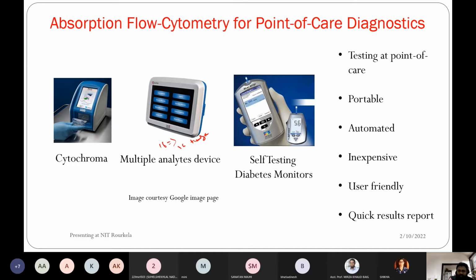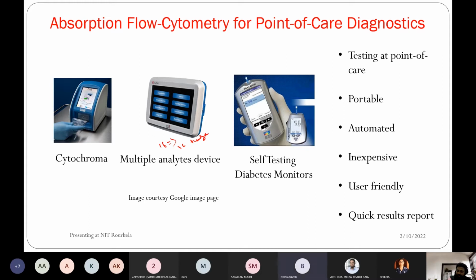So I don't have any relation with this, but these are some of the compact devices which can be taken to where the actual need is required, right? So if you see some of the advantages, we can test at point of care, and these instruments are portable, and whenever we have these portable devices, they work automated.